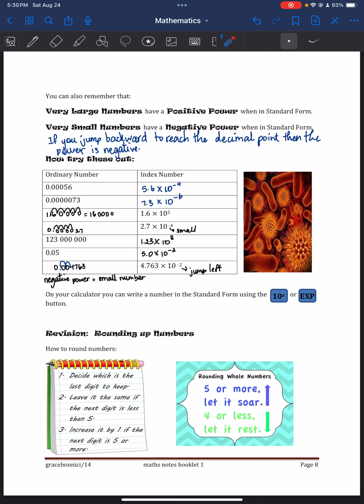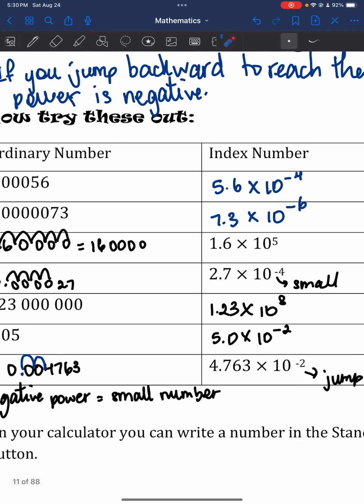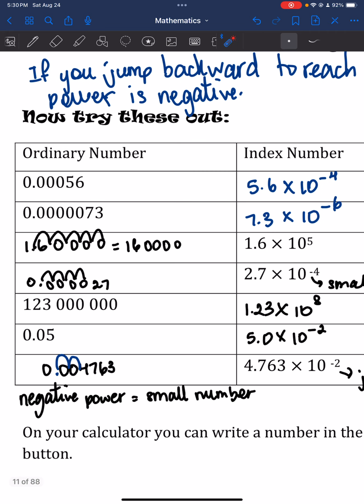0.00056, a very small number. So this could be the size of a strand of hair or something, a measurement that's super tiny. You want to express that in standard form or index number. Index number basically meaning a number that has an index. We learned about indices, we learned about index numbers. So if you could observe here, we jump to make the first number between 1 and 10, right?